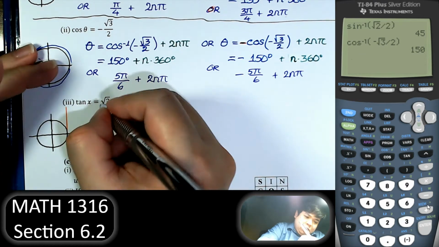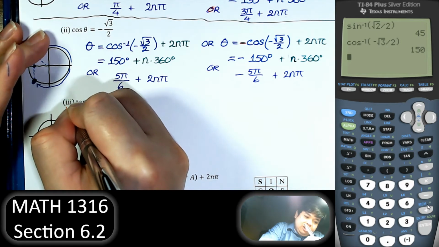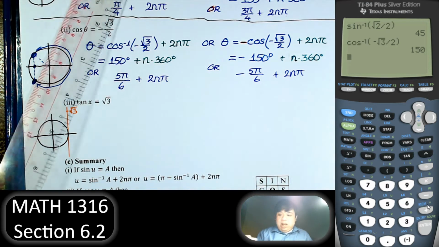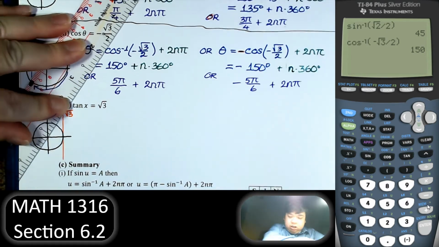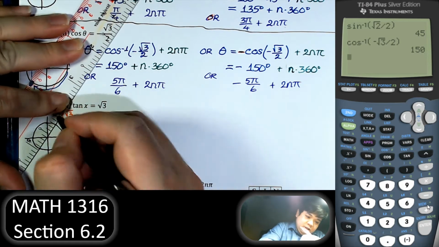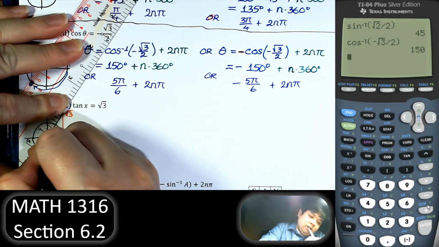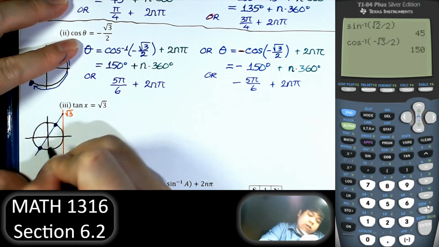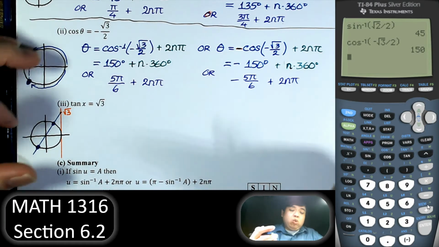So now if we want square root of 3, square root of 3 is like 1.7 something. So that is square root of 3 on the tangent axis. If we connect that back to the unit circle, from that point connect to the center, there will be 2 points. And these 2 points will have the same tangent value of square root of 3.